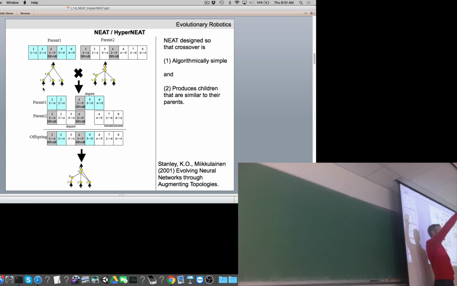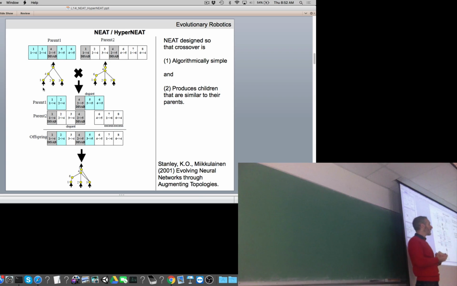That original common ancestor survived long enough to produce a second mutant, which is the brother or sister, if you like, of this first mutant, which also inherits synapse number 1, right? So we now have two individuals in the population that both have a synapse 1.